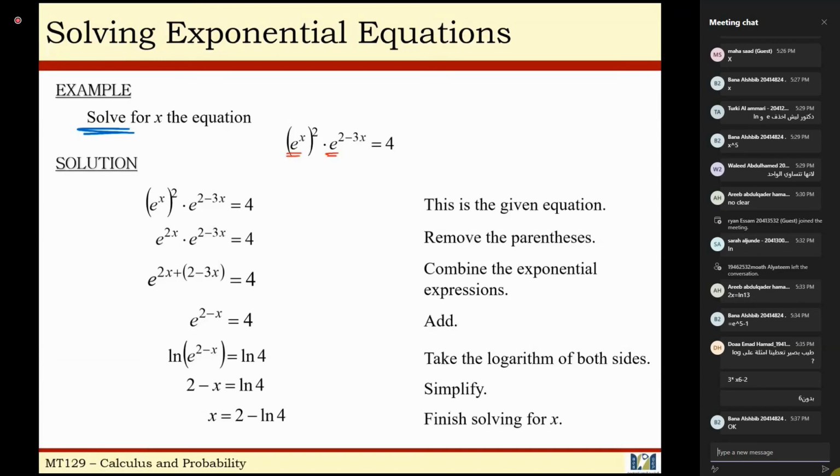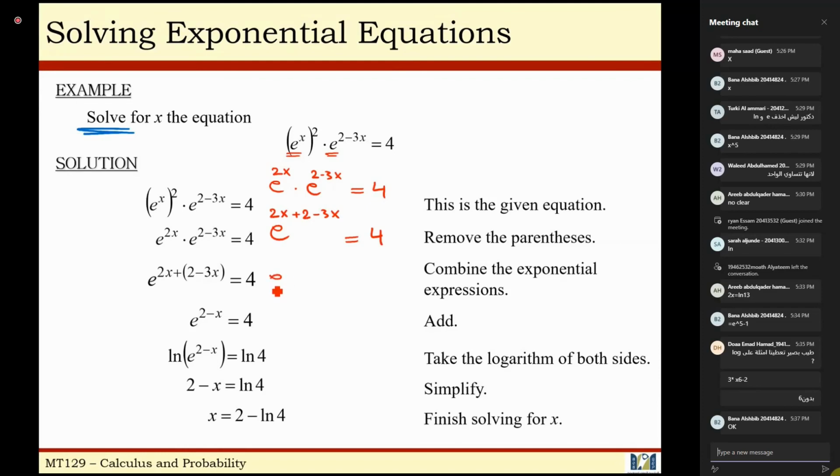So we can multiply together and add the exponents. Firstly, we have e to the power 2x, and second we have e to the power 2 minus 3x. This is equal to 4. Multiply e with e, so we have e to the power 2x plus 2 minus 3x. This is equal to what? 4.